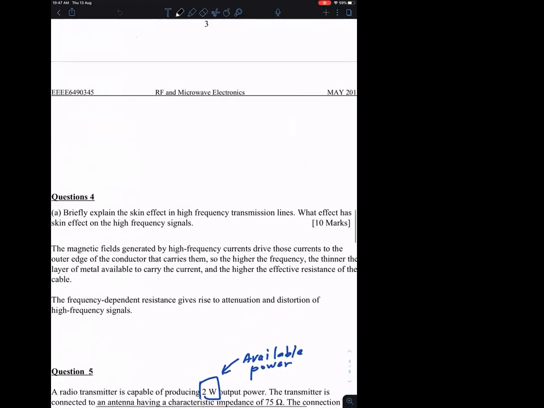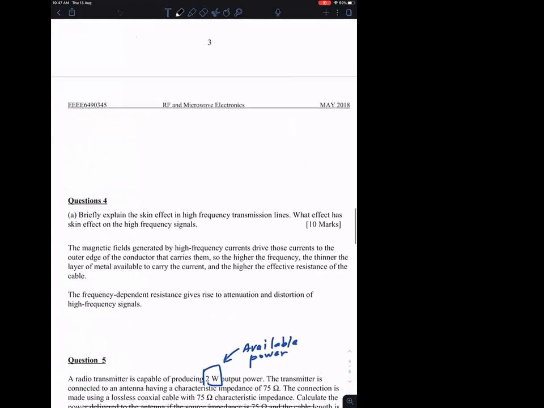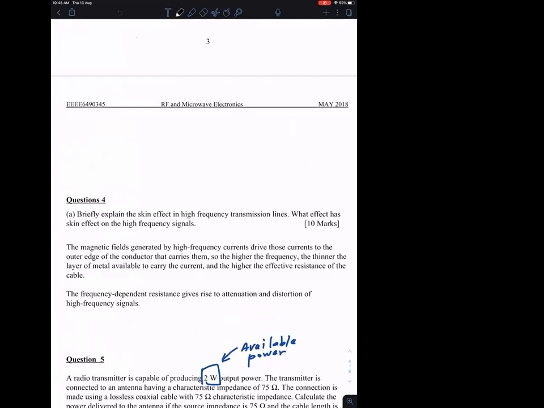Okay, this one you can briefly explain the skin effect in high frequency transmission lines. What effect has the skin effect on high frequency signals? So this is the answer. The magnetic fields generated by the high frequency currents drive those currents to the outer edge of the conductor that carries them.